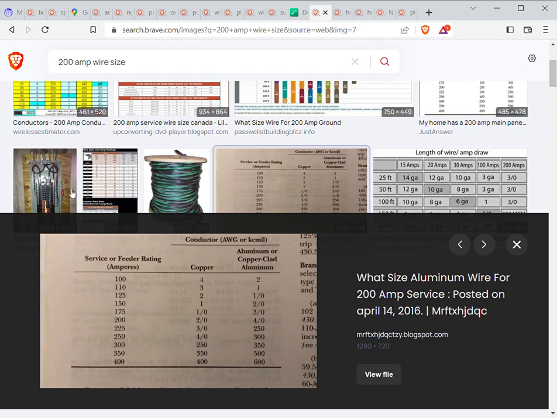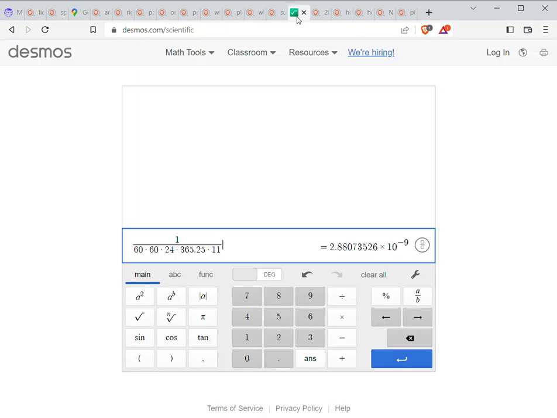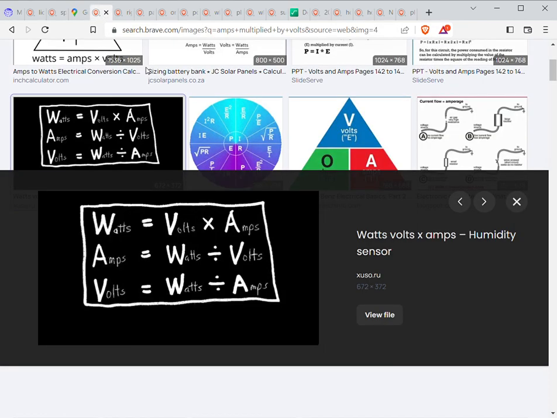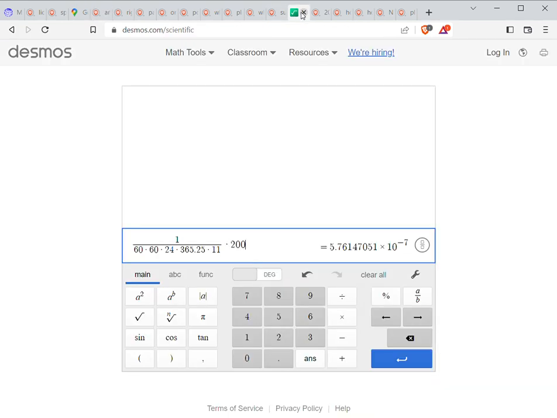That's about the size of what comes into your house. So we'll multiply this by 200, and it's still not that much. That would be the number of watts that you get out of this equation. So we're going to get rid of that, because that doesn't do much.